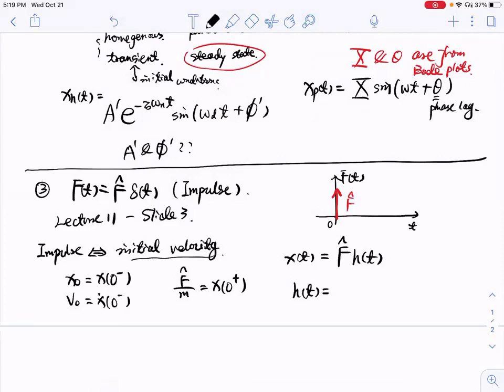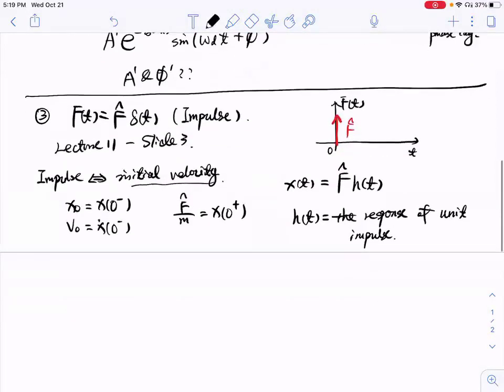So I can write this h(t) for you: 1 over m ω_d e^(-ζω_n t) sin(ω_d t). If during the exam you do need to use h(t), you don't have to express it out. You can leave the h(t) there. I can understand. All right.